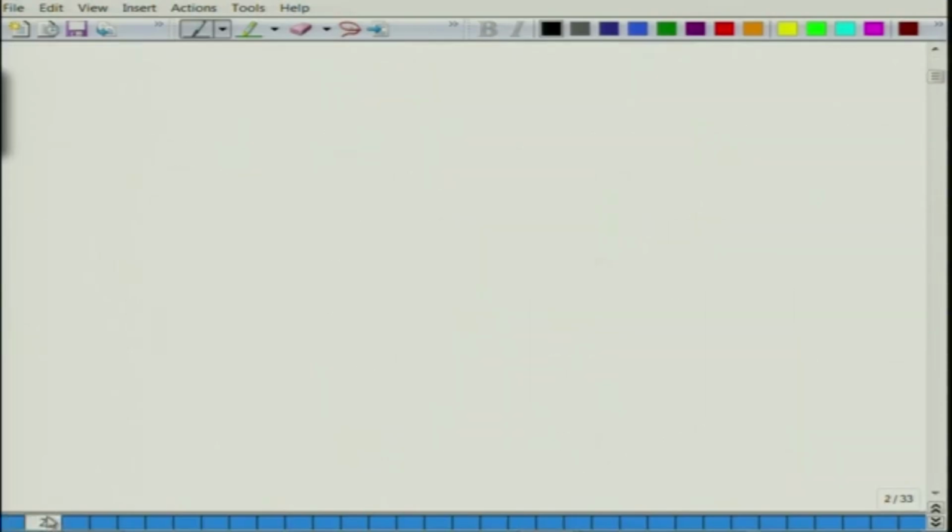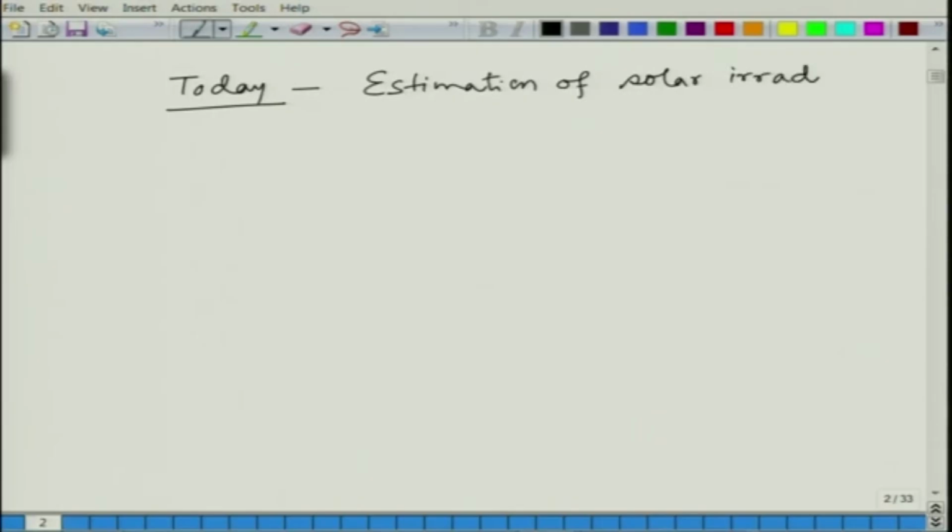So, today what we are going to discuss is the estimation of solar irradiance on a tilted plane. Okay.